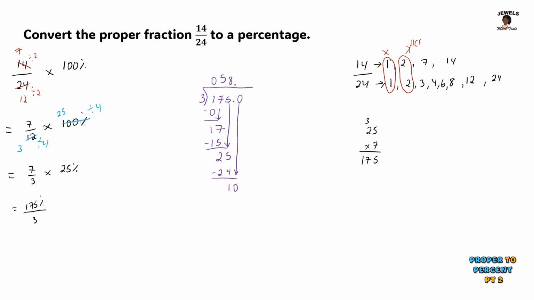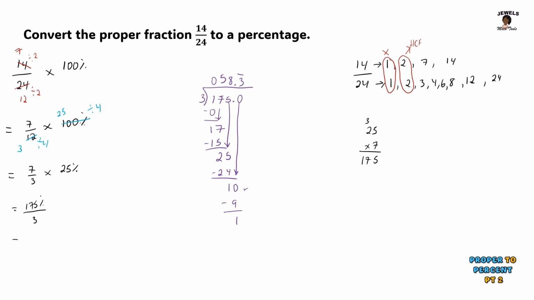So 3 will divide into 10 3 times. 3 times 3 is equal to 9. 10 minus 9 gives us a difference of 1, and you can tell by us getting 1 again that we will have a loop with our 10, which will keep repeating, and we'll continue getting 1 as our remainder. That tells me that my 3 is also going to continue repeating in my quotient, so I can stop there in my division.